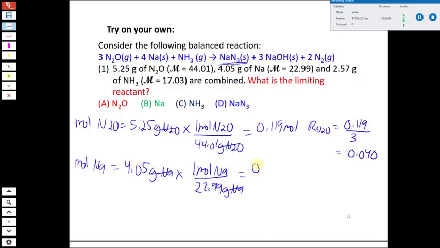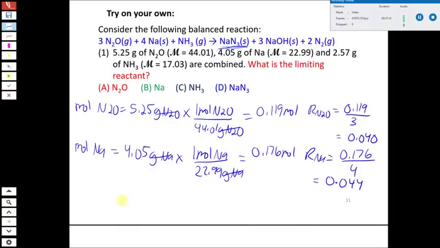All right, so that comes out to 0.176. And then its stoichiometric ratio is that number, 0.176, divided by the coefficient for sodium, which is 4. So we get a number that's fairly similar, but a little bit bigger, 0.044 in this case. So it's a little bit larger, which means that sodium is not going to be the limiting reactant.